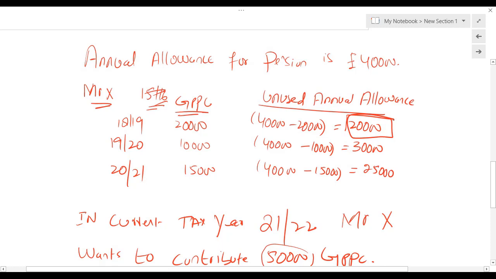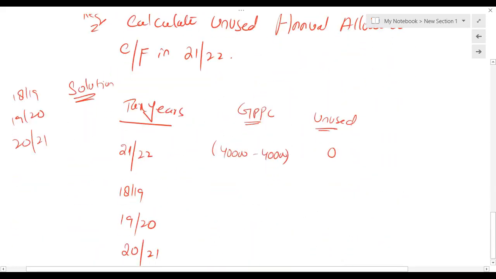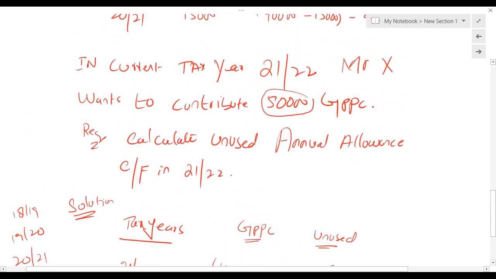In 18-19, we had unused limit 20,000. From this 20, I will deduct 10,000. Why 10? In the current tax year, you have contributed gross 50.